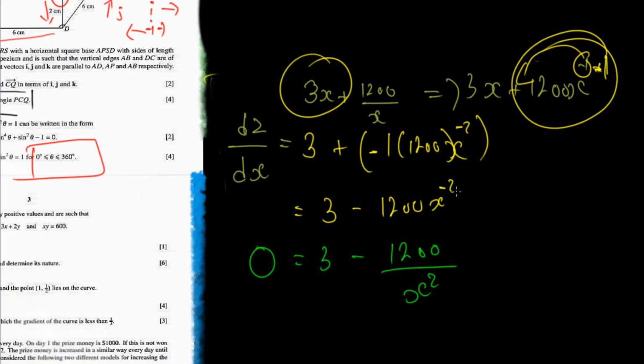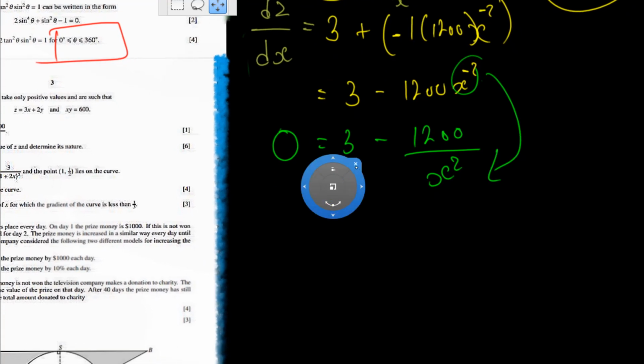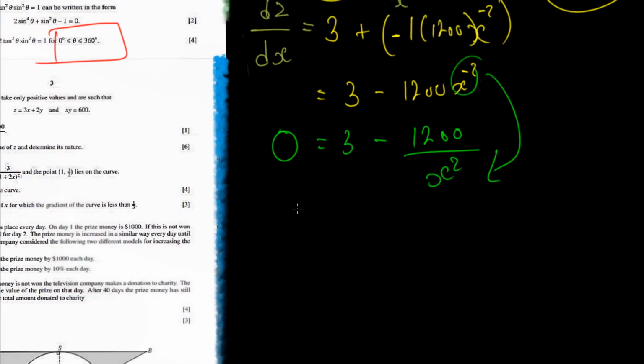Again, I'm using the laws of indices to convert my x into the denominator. So I hope you guys are aware of laws of indices. If I simplify this and solve it, let's do that. Minus 3 x squared is equal to minus 1200.